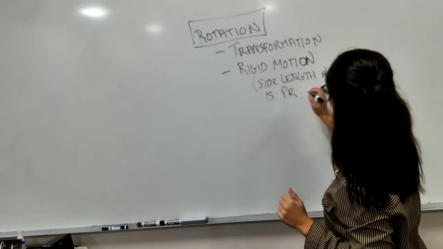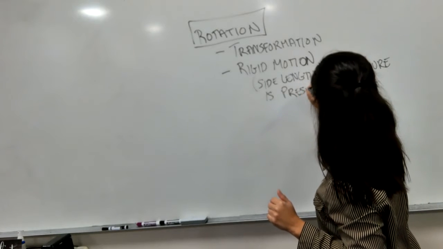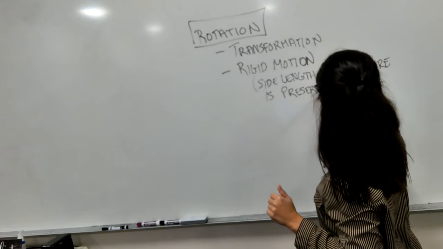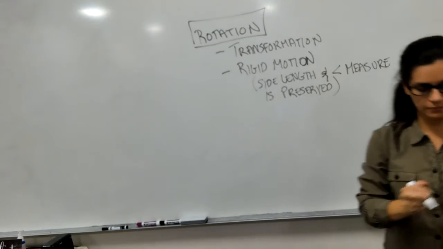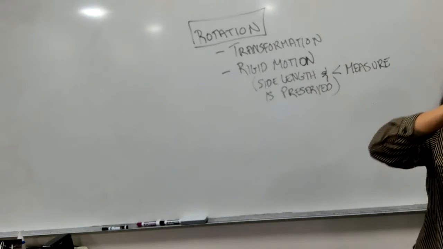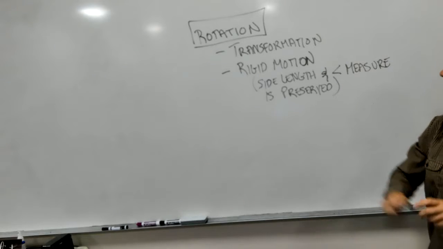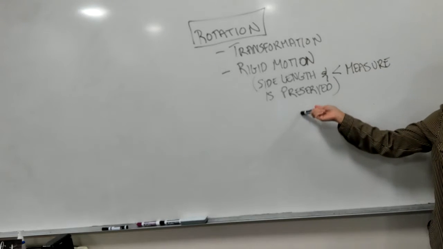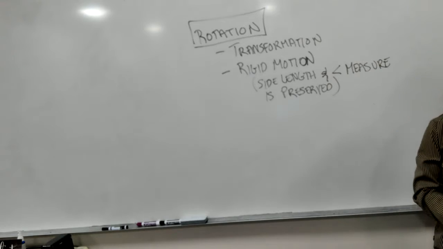Side length and angle measure are preserved. So whatever object we are rotating, nothing's changing about it. We're just turning it. That's it.